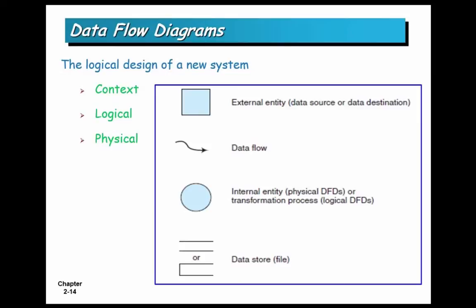Nice thing about DFDs, you only have to remember 4 symbols. 4. A box or a rectangle is an external entity, some entity that's interacting with the system. You have a line. Now, because it's a modern world, our lines in data flow diagrams are curved. Doesn't matter.